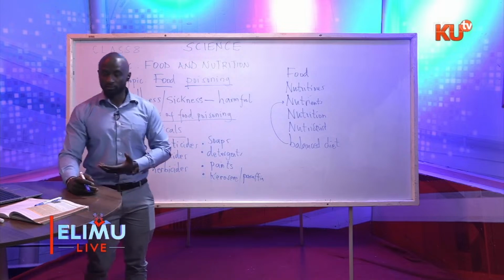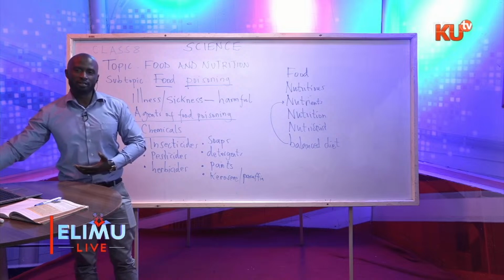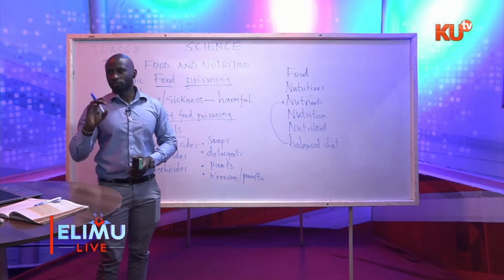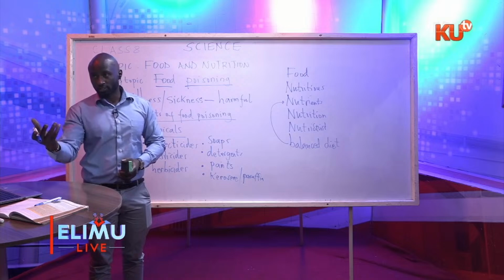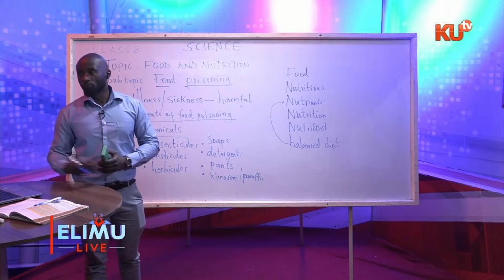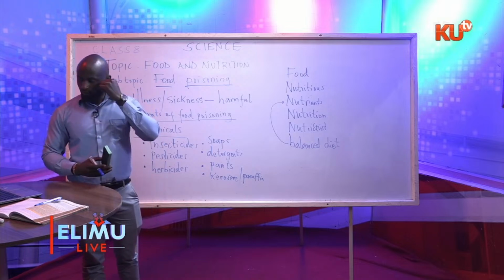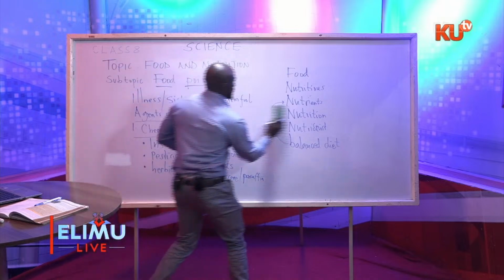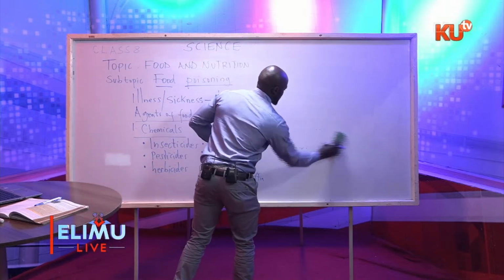But there are instances, boys and girls, where naturally there are some toxins produced in the food that can lead to food poisoning. So we shall look at some of them.